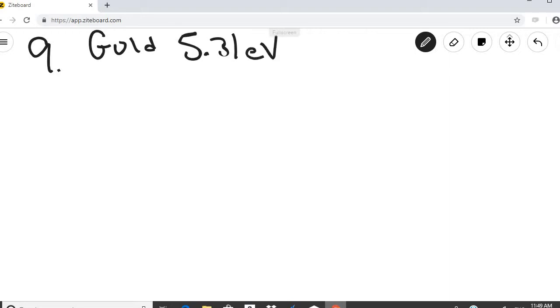Okay, number 9 reads that the work function of gold is 5.31 electron volts. So that means that if gold has this much energy, the electrons will have the ability to escape from the metal, from the gold.